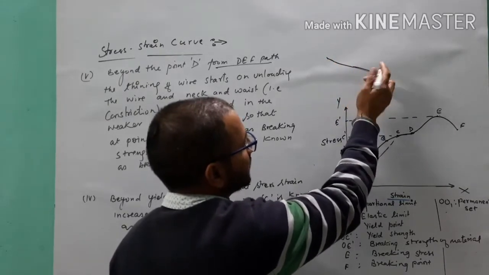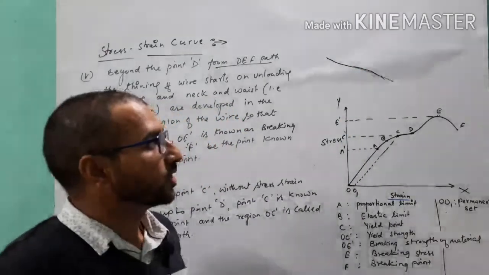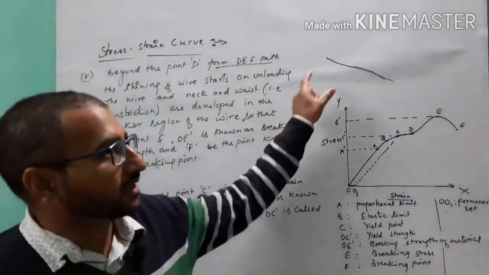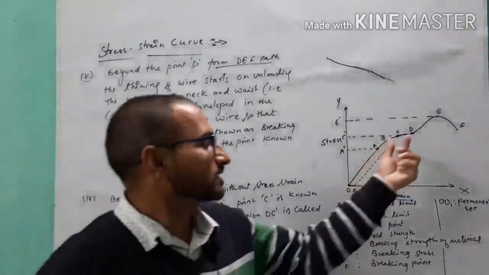Suppose that region is weak, it becomes thinner than the other regions. So those points which are weaker in the given wire start becoming thinner as compared to the other.